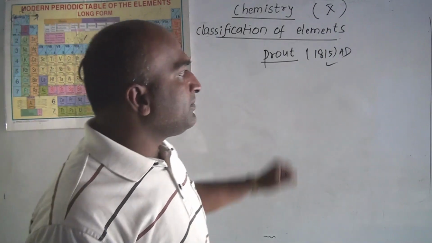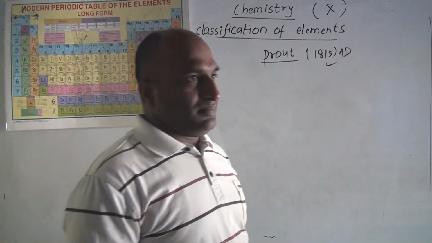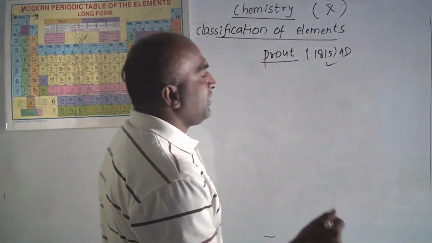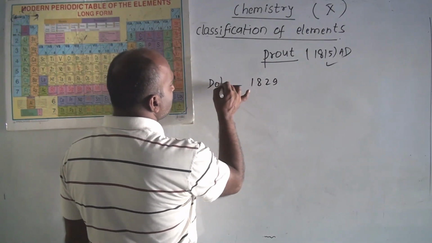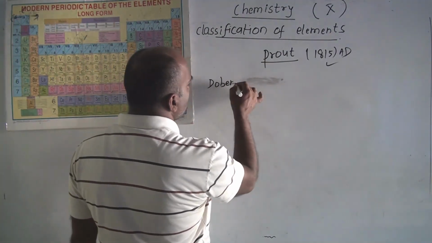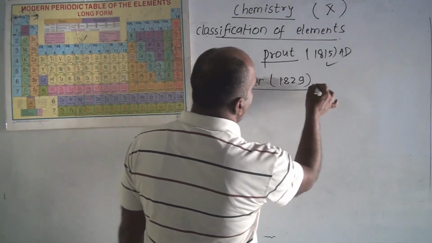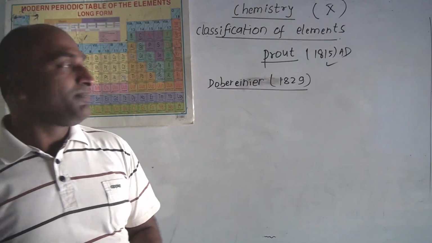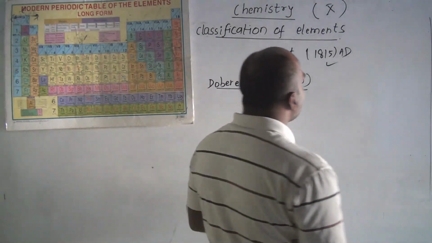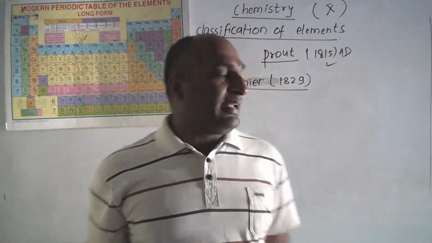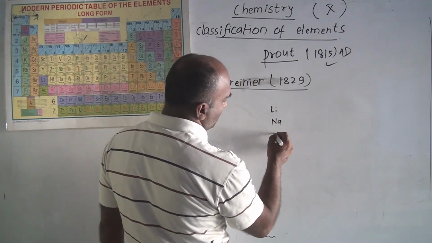Then after that, it was Dobereiner. In 1829 AD, Dobereiner showed that if elements of a certain group are taken, just like suppose we take lithium, sodium, potassium.